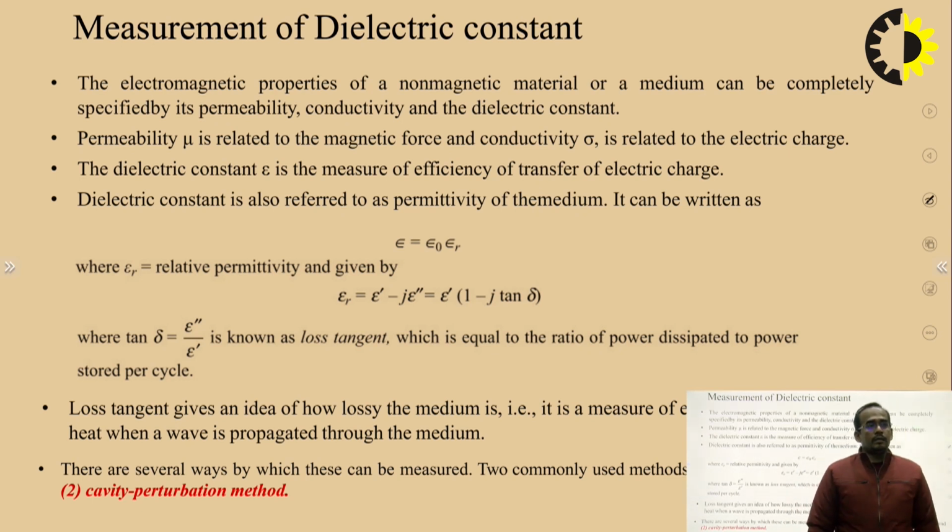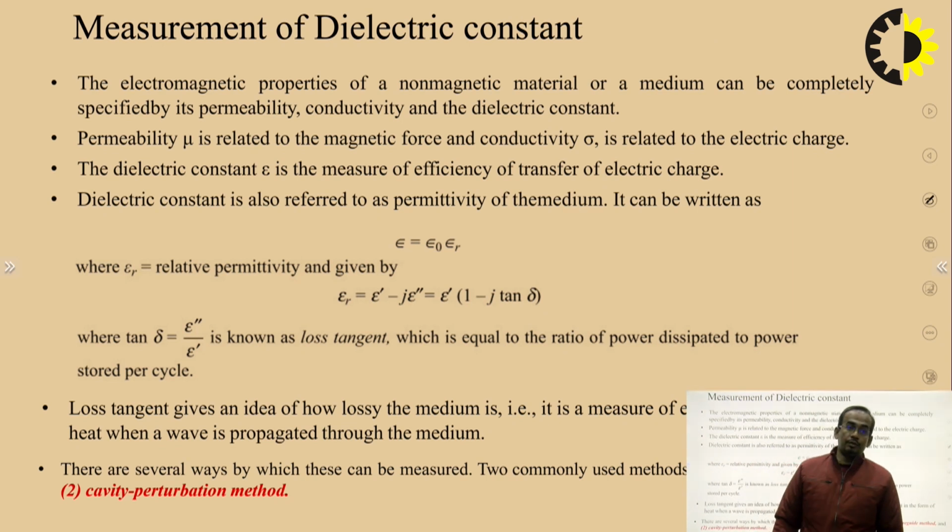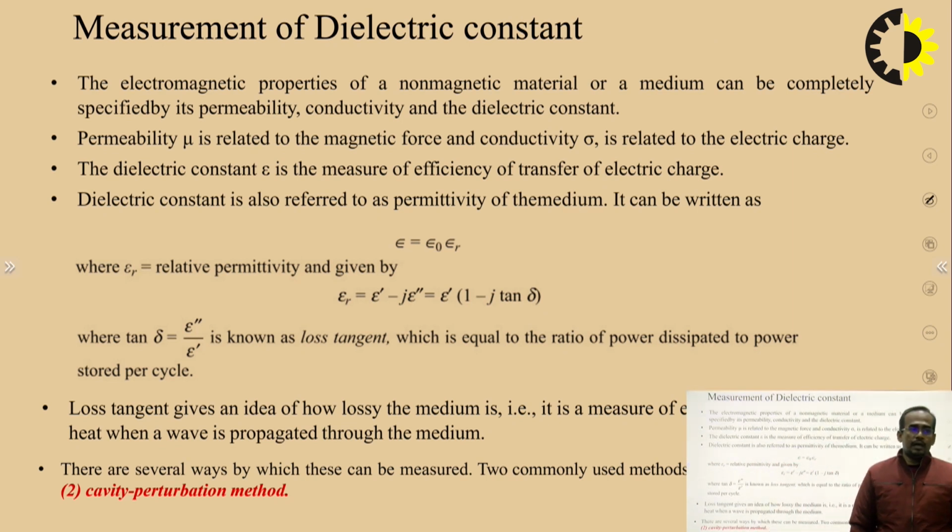The dielectric constant epsilon is the measure of the efficiency of transfer of electric charge, and is also referred to as the permittivity of the medium. It can be represented as the product of epsilon naught and epsilon r, where epsilon r is the relative permittivity.